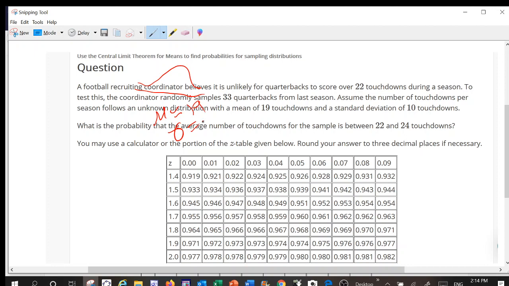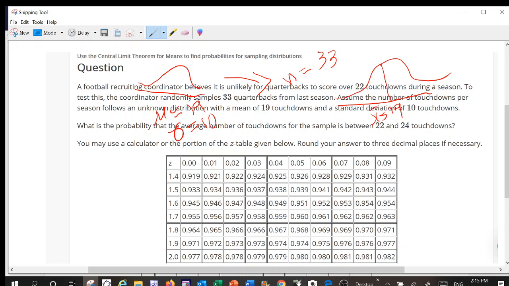Now we take samples of size 33. Now we have a distribution that is the distribution of x bars. The mean of this would be 19.